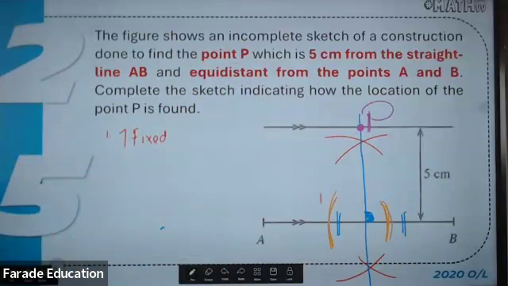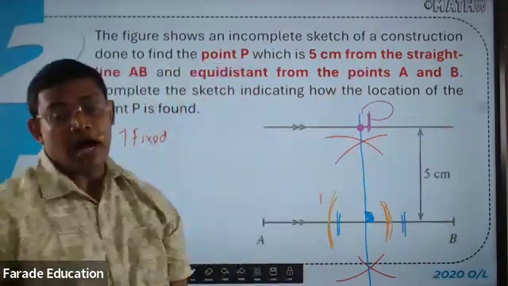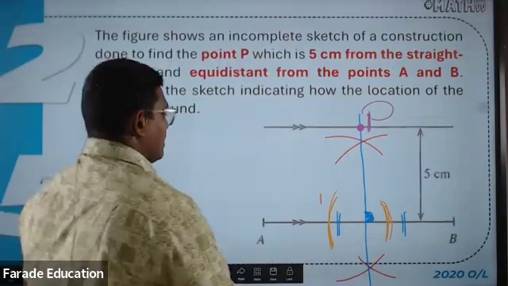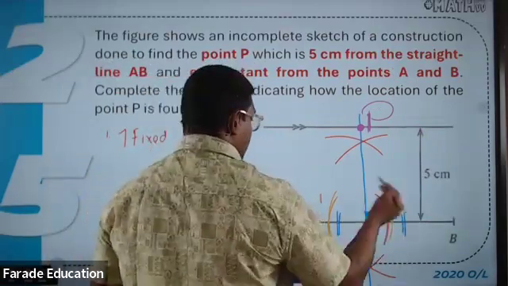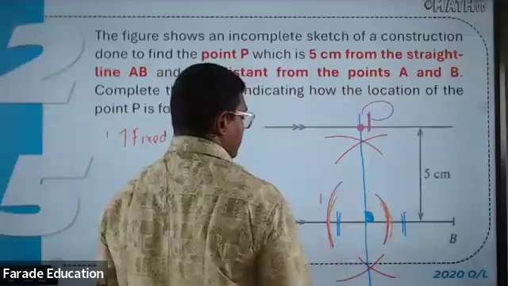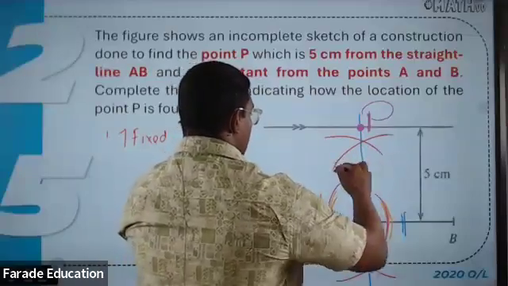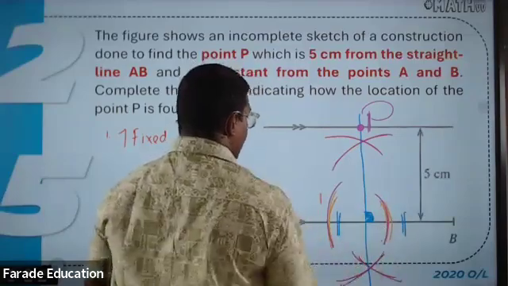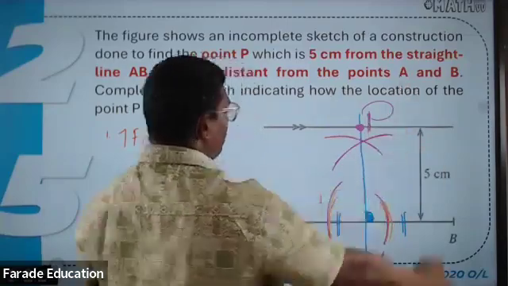The first thing you need to identify is P is on this line because they say 5 centimeters and they have marked 5 centimeters. You don't have to use a compass. You just use knowledge: from here, more than half, you cut. Again from here with the same compass, you cut it here. Cut from both tops. You connect it and wherever this line goes through the line on the top, that's P.